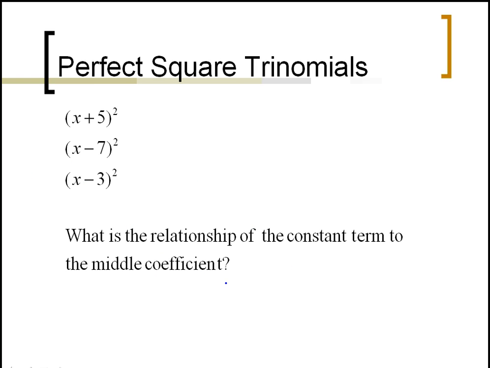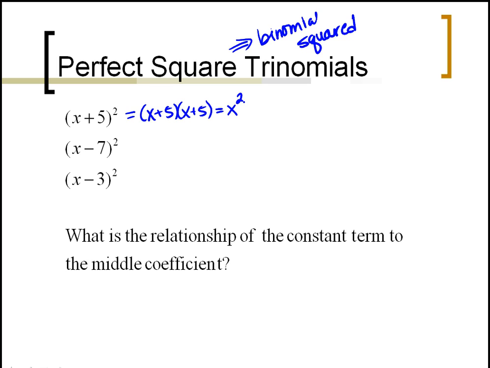So let's look at perfect square trinomials and see what they are. Perfect square trinomials always come from a binomial squared. So x plus 5 squared. Remember, you can do x plus 5 times x plus 5 if you like, or there is a pattern for squaring. You get x squared plus double the product, which would be double 5x, which is 10x, plus 25.